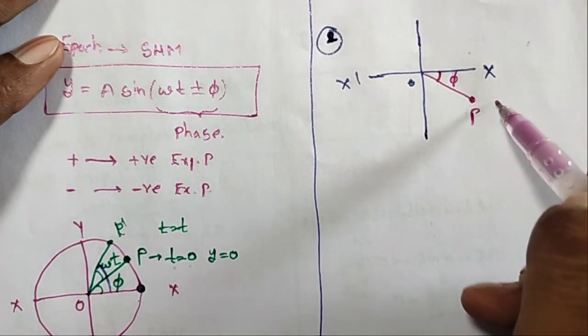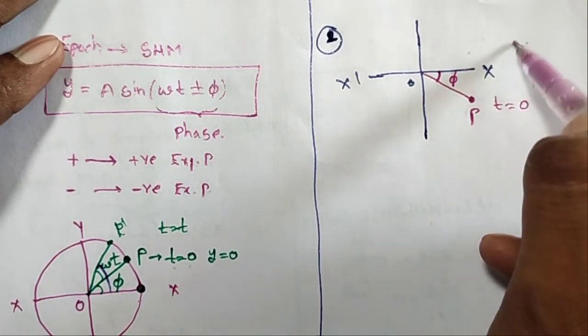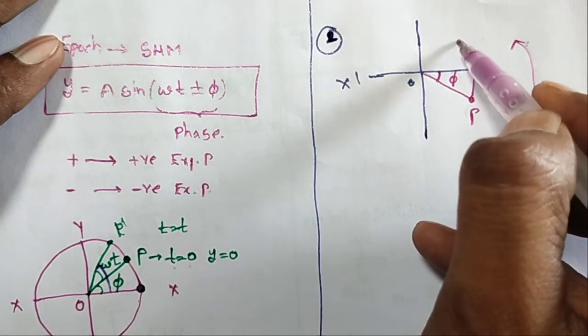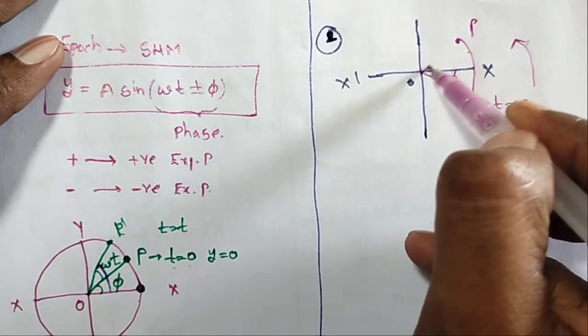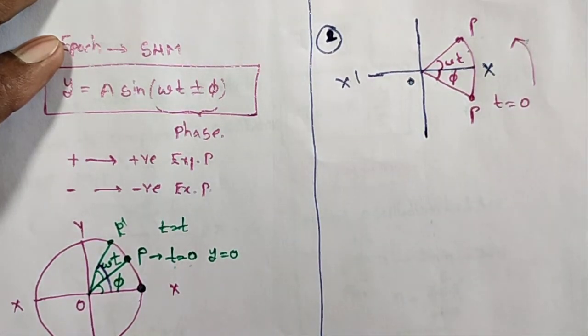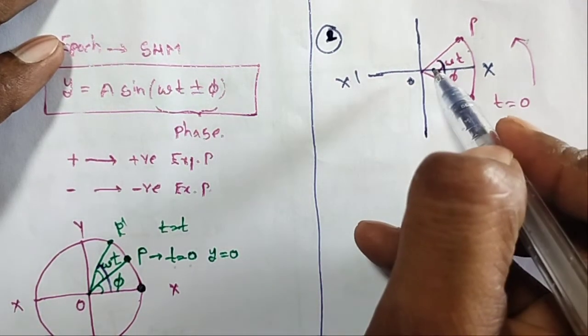The particle starts at t is equal to 0. Here the particle is moving like this, anti-clockwise. After some time the particle reaches position P dash. What is the angle here? Omega t. Here to here, omega t.